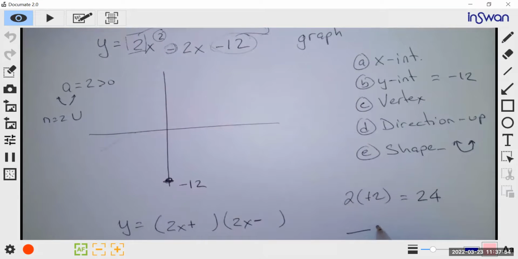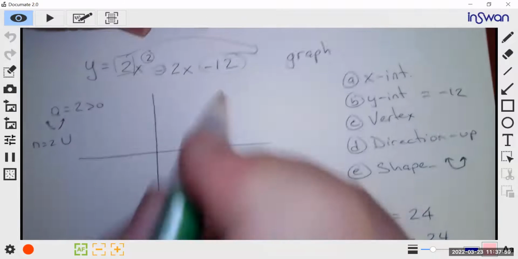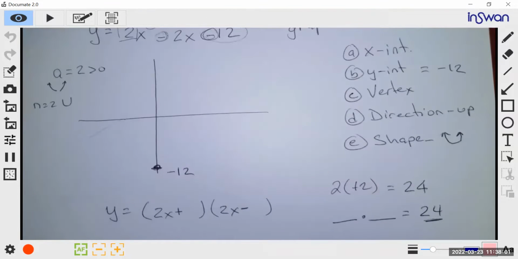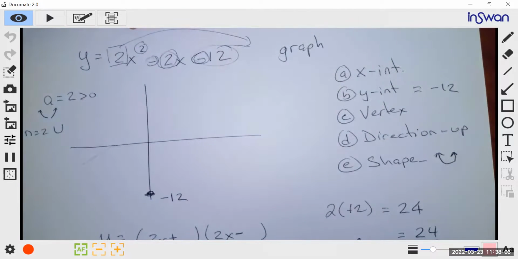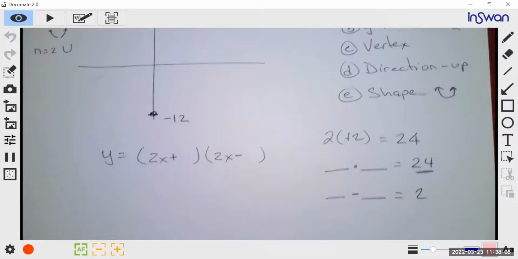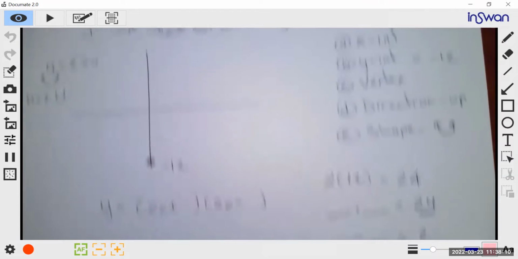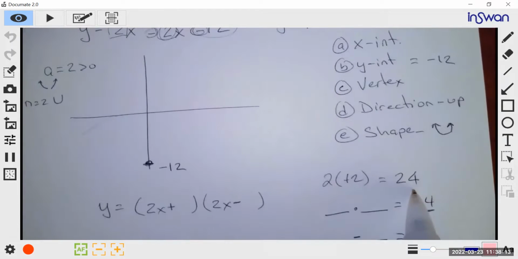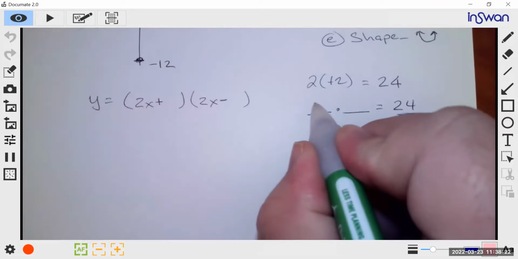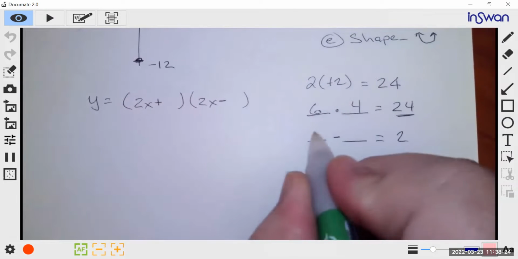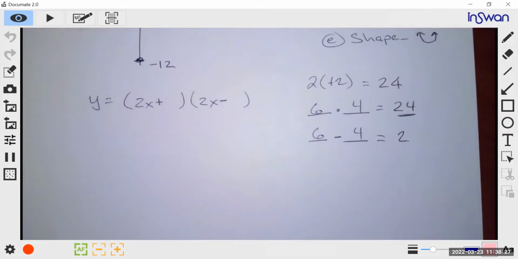So what times what equals 24, and when you subtract them, it equals 2, the middle term? 6 times 4 is 24. 6 minus 4 is 2.